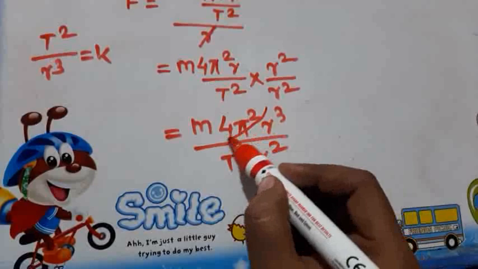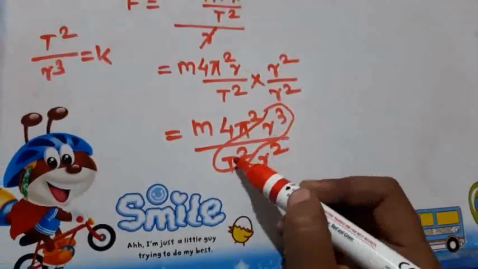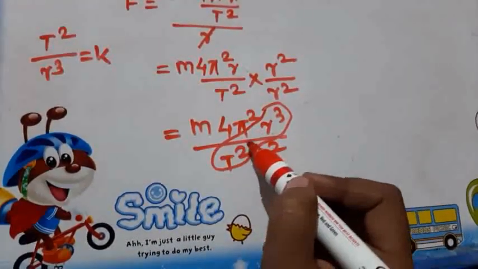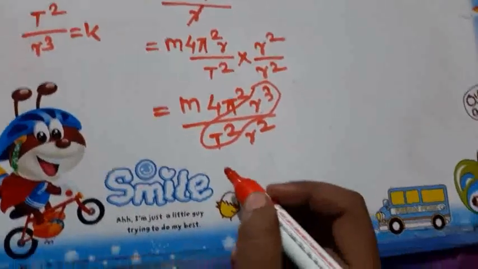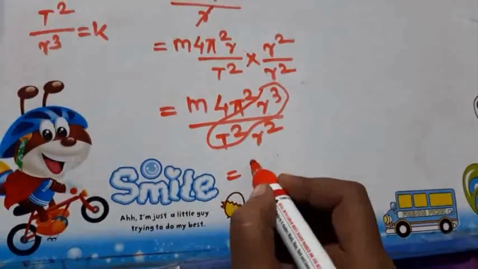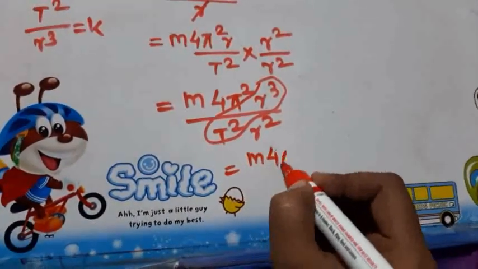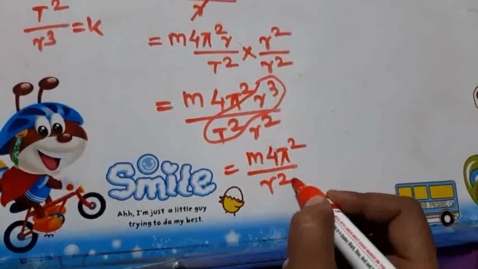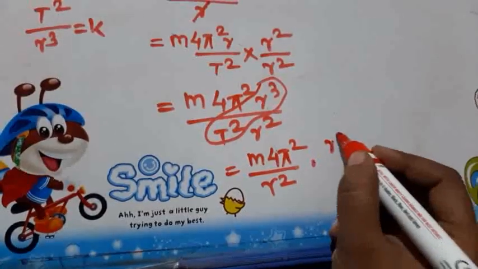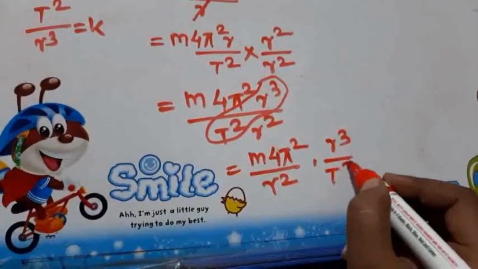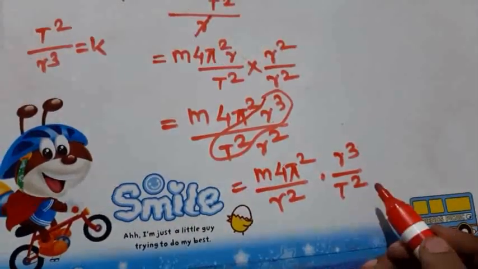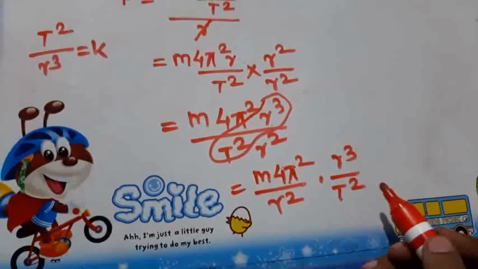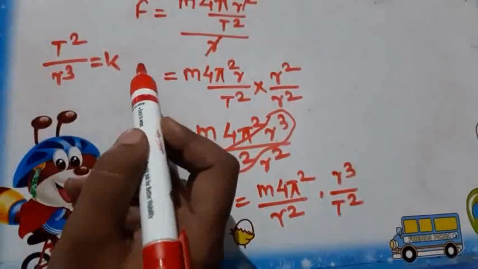Now we are interested in this T square and r cube. So we will make it separate and all other terms we will take separately. m 4 pi square divided by r square into r cube divided by T square. Now according to Kepler's third law, T square by r cube is equal to k.